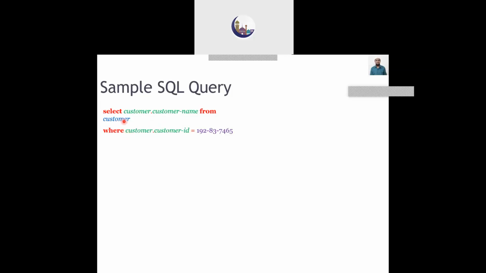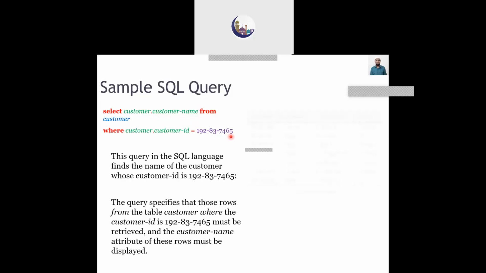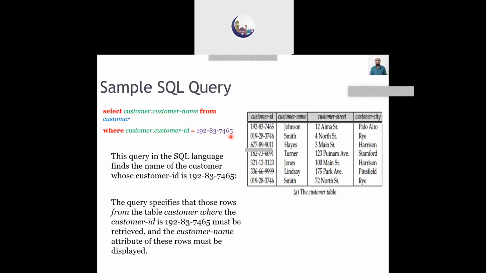Whereas the customer over here is the table name, which can also be used in combination with the column names, just to clarify which column is to be selected from which table. And here is the value that is to be selected. So let us see, this is the table. What can be the value selected out? The compiler will see: select, what to select?